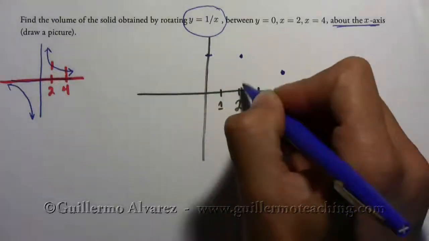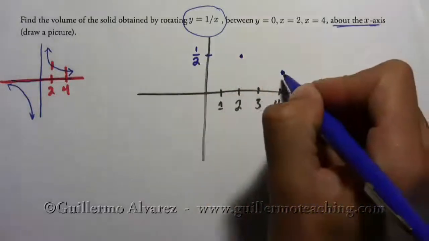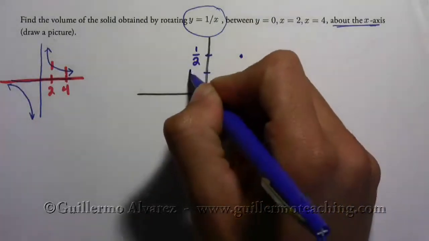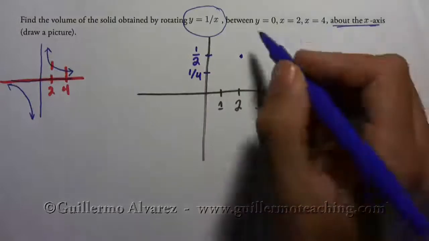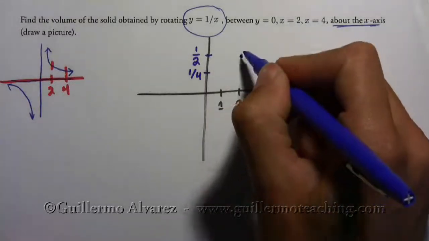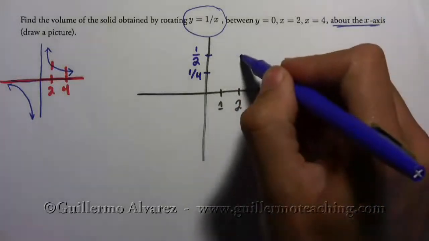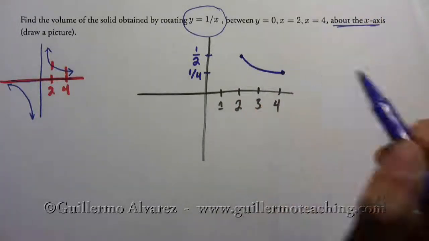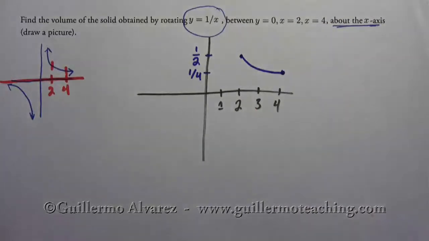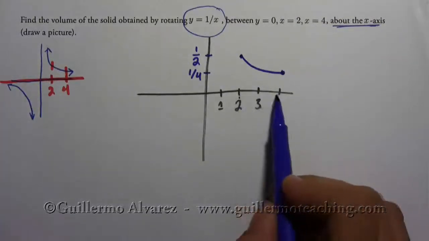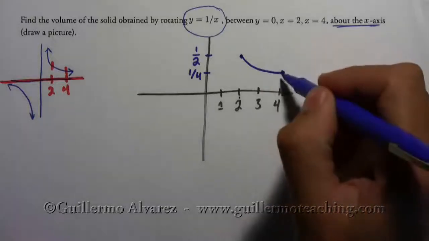When x is equal to 2, this is going to be 1/2. When x is equal to 4, this is going to be 1/4. So this looks something like this, between x equals 2, 4, and y equals 0.